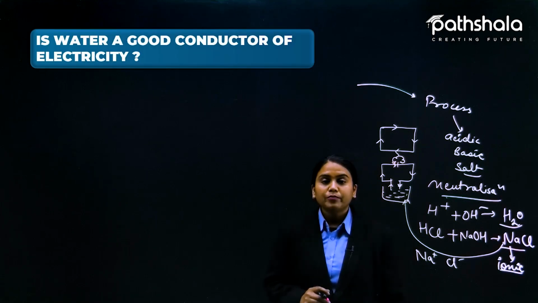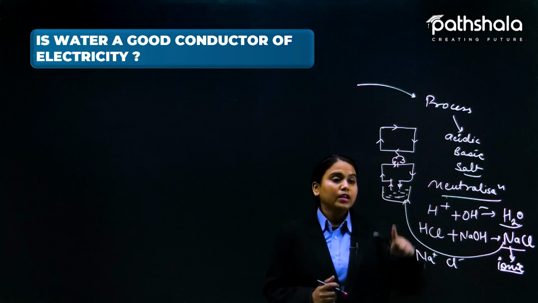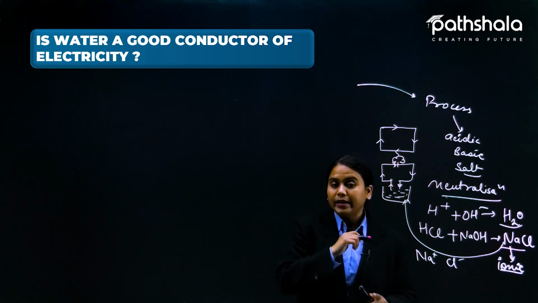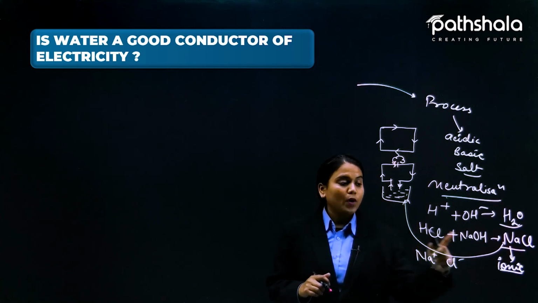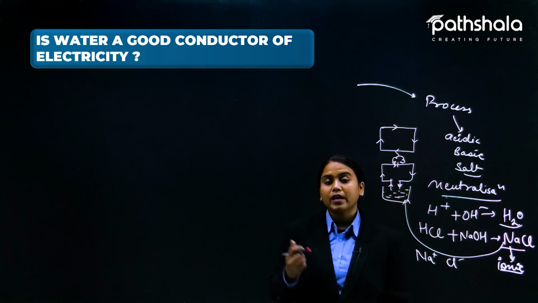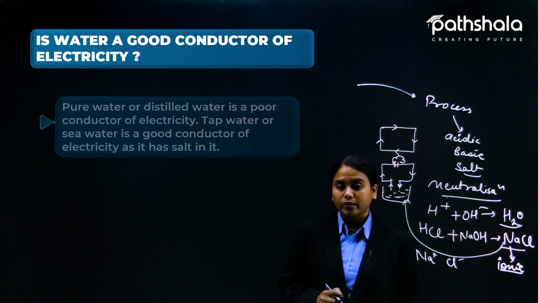Now, is water a good conductor of electricity? As we have told, water alone is not. I have told you this one, repeating it again: only when we add these kinds of things into the water are we capable of conducting electricity through it.